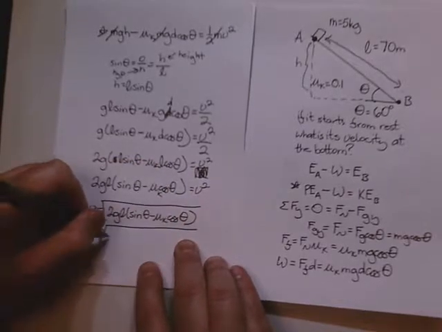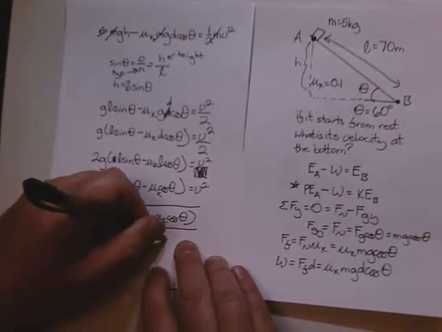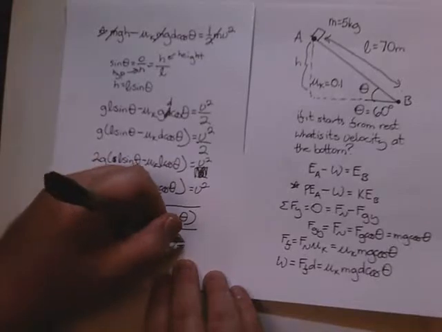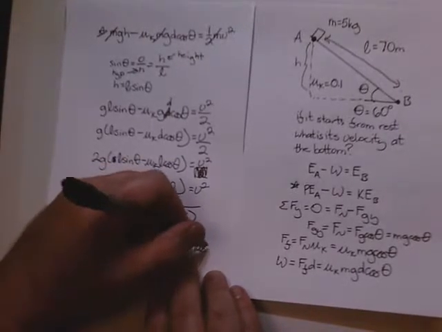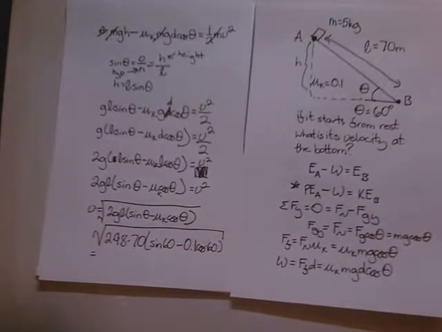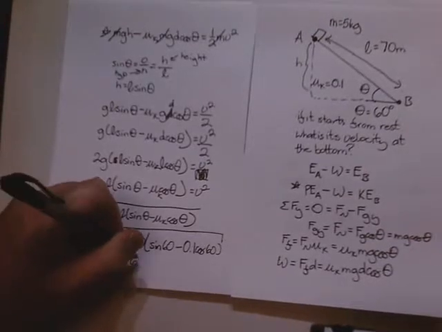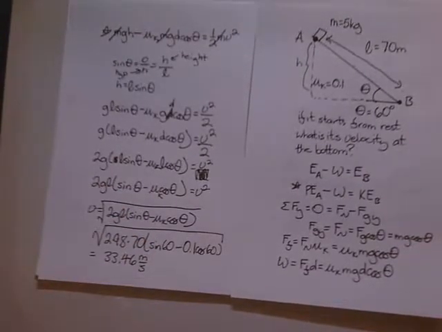So what we do is 2 times 9.8 times 70 times sine 60 minus 0.1 cosine of 60, and I get 33.46 meters per second. And that's the velocity at the bottom of the hill.